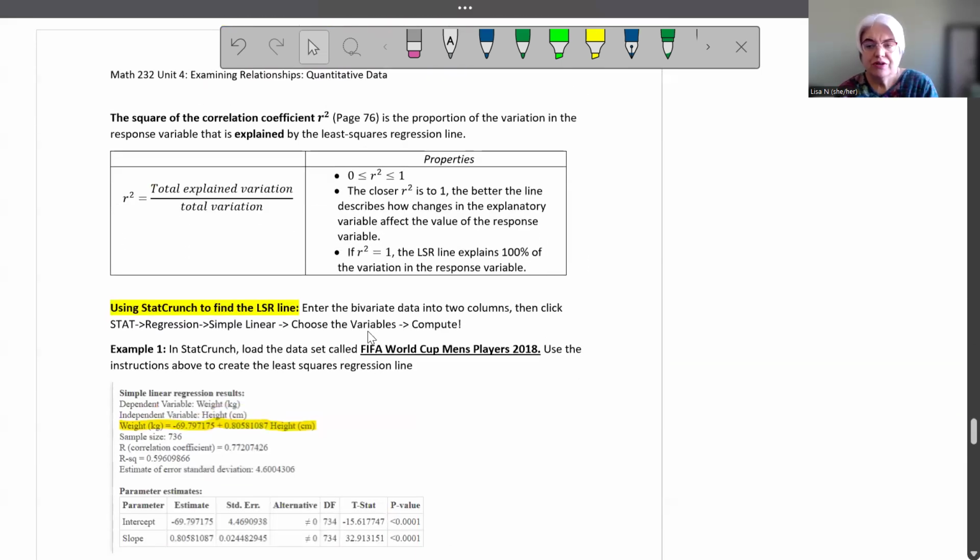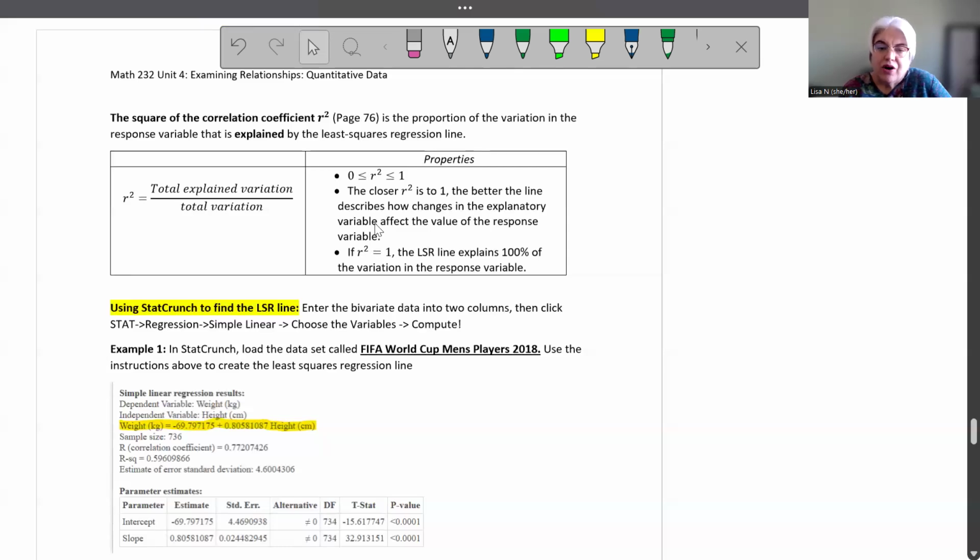Another piece of evaluation of whether or not we have a good model is using R squared. R squared is taking R, which we learned about at the beginning of the unit, and squaring it.